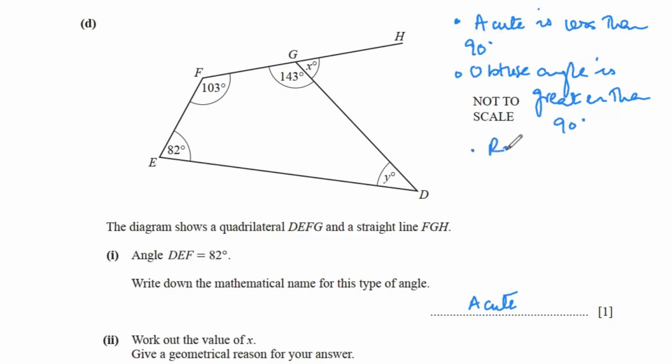Third is a reflex angle, that is more than 180 degrees. So these are the three types of angles that they can ask about in these shapes.